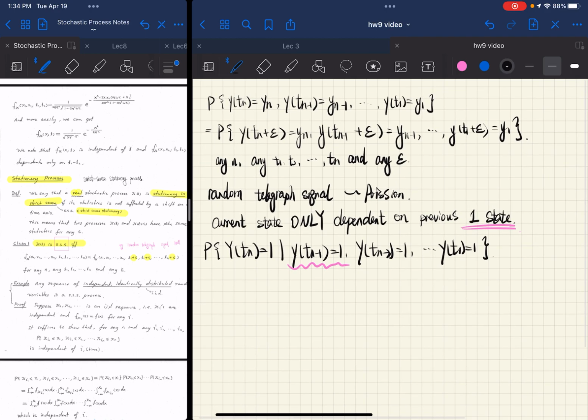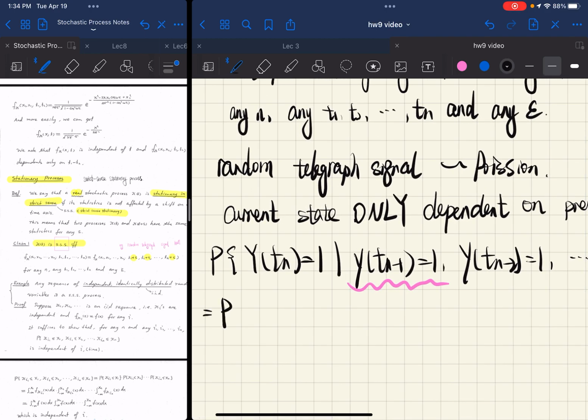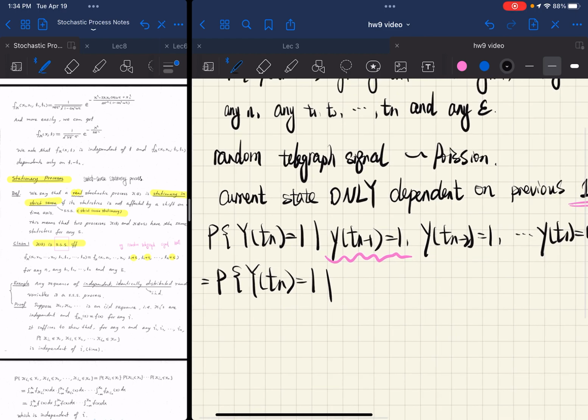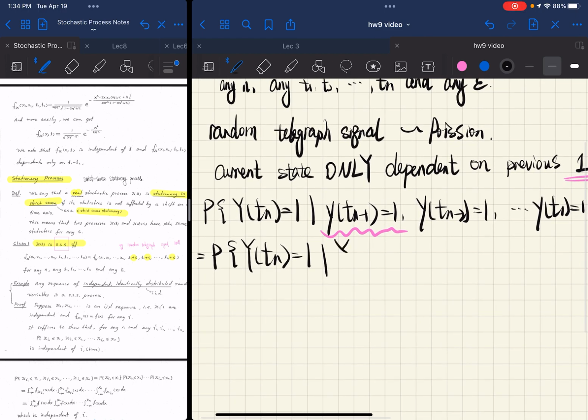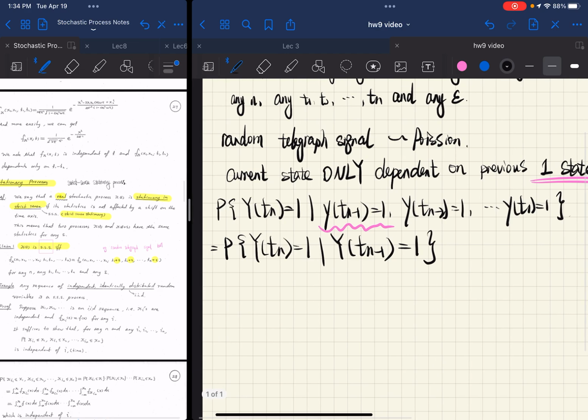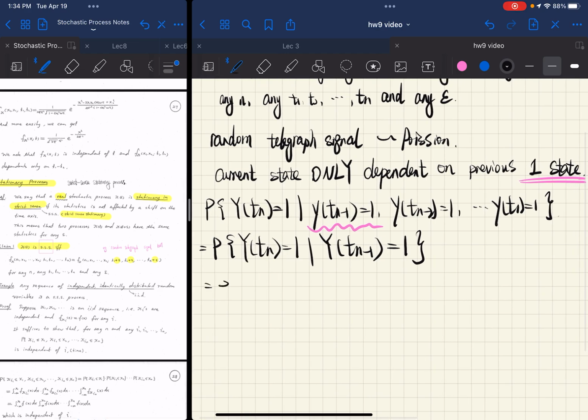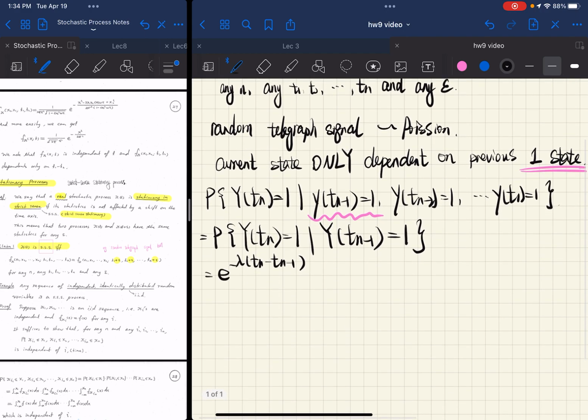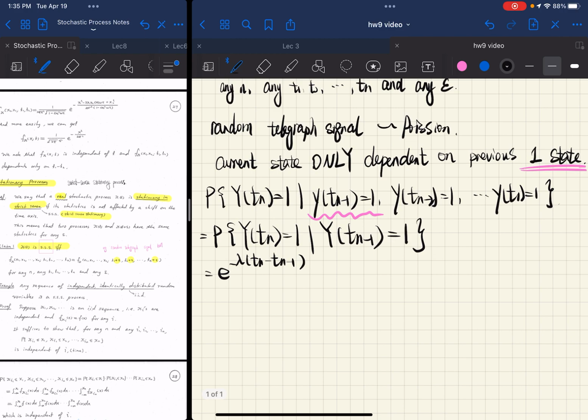So we can rewrite it as the probability of Y(tn) equals 1 conditioned on Y(tn-1) equals 1. Based on the slide notes, we know it equals this formula, which is only dependent on the difference between tn and tn-1.